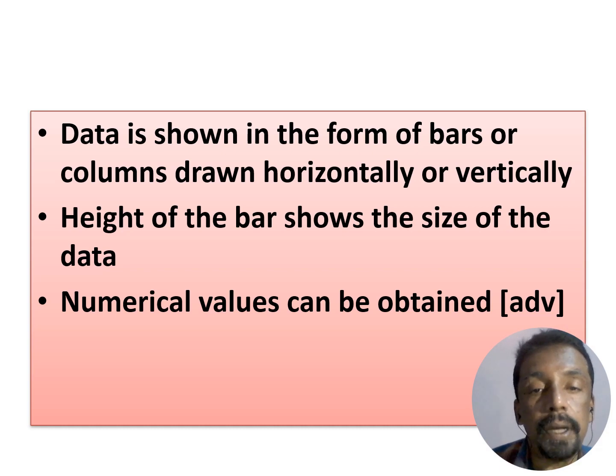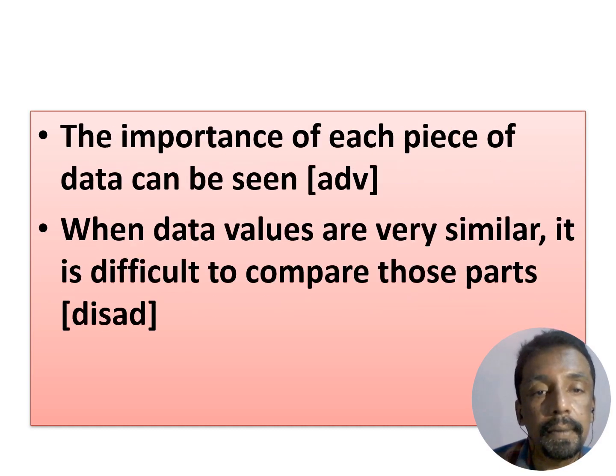Numerical values can be obtained. That's an advantage. The importance of each piece of data can be seen. Another advantage. When data values are very similar, it is difficult to compare those parts. That's a disadvantage of using bar charts.